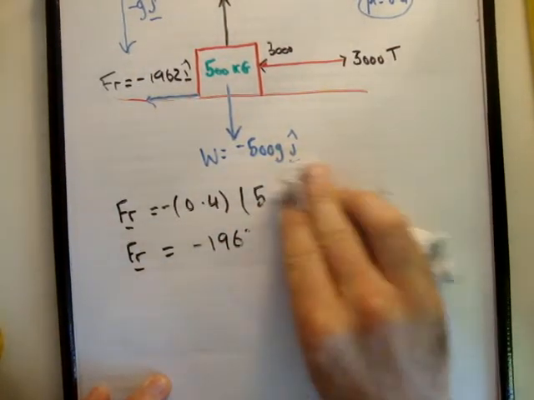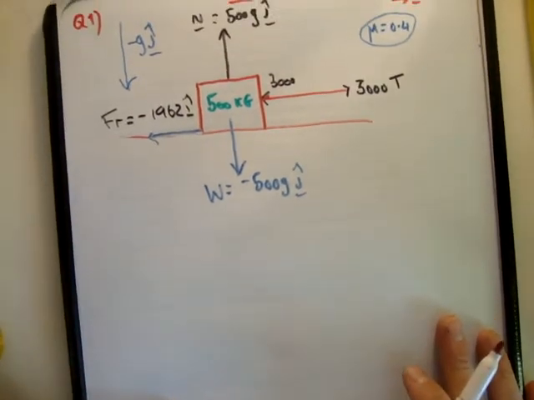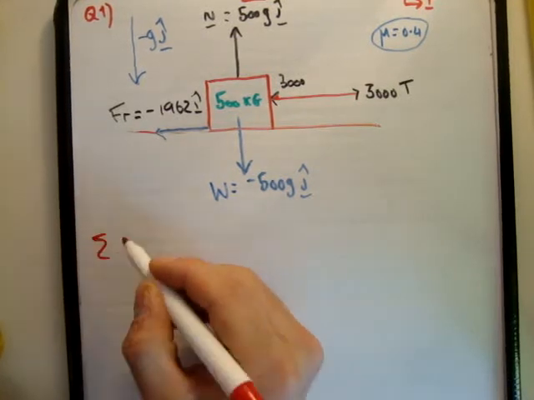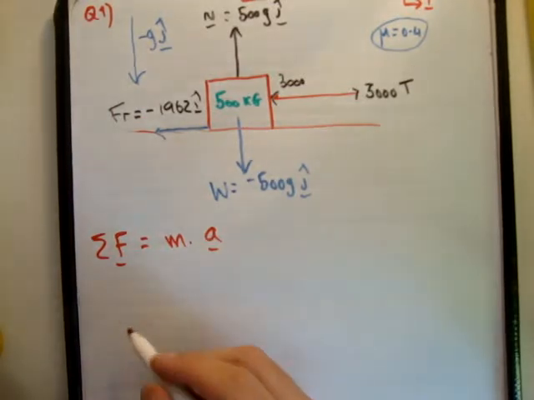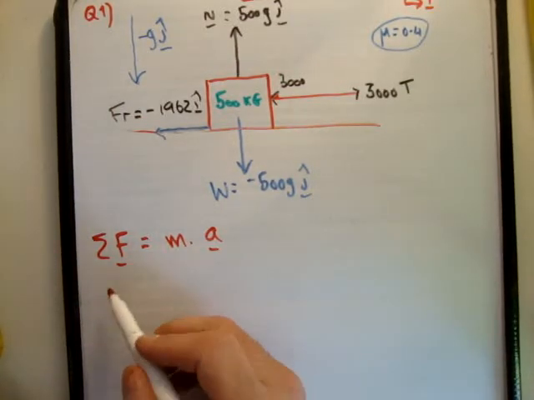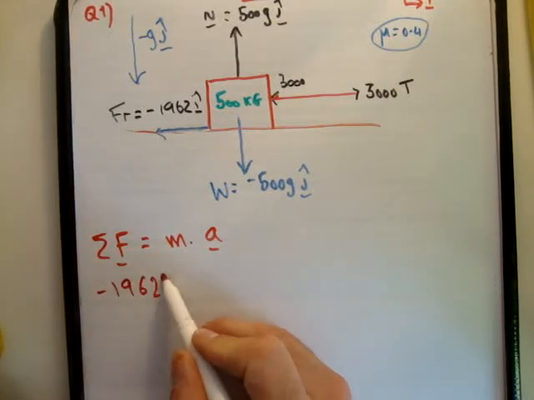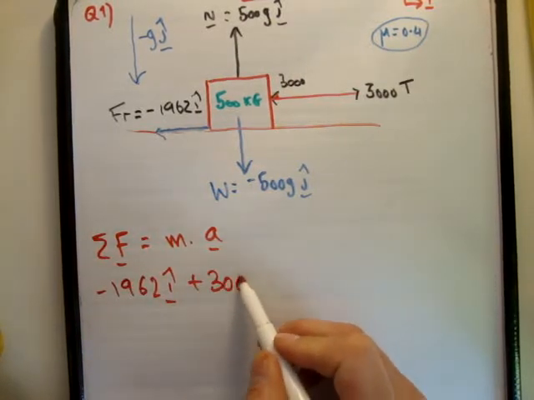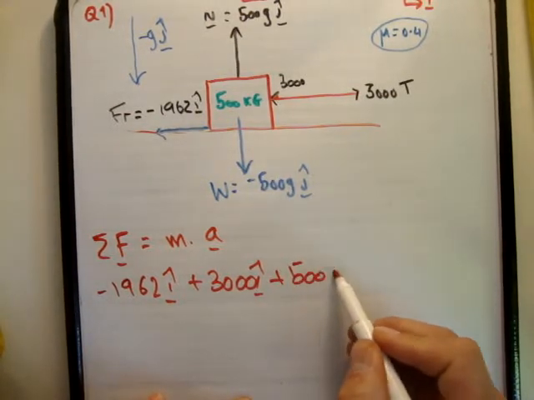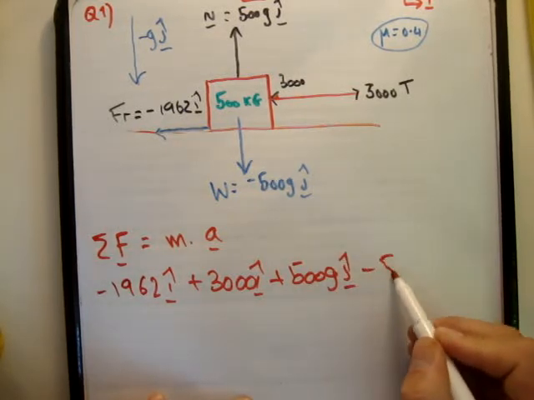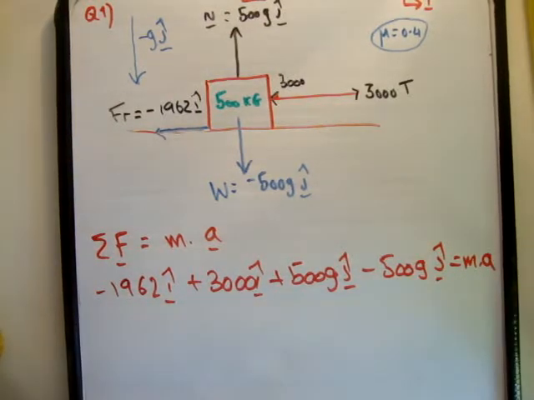So now we have all the forces acting on the body. So finally, we're going to apply Newton's second law, saying that the sum of the forces is equal to the mass times the acceleration. So the sum of the forces are minus 1962 i-hat plus 3000 i-hat, plus 500 g j-hat minus 500 g j-hat, is equal to the mass times the acceleration.